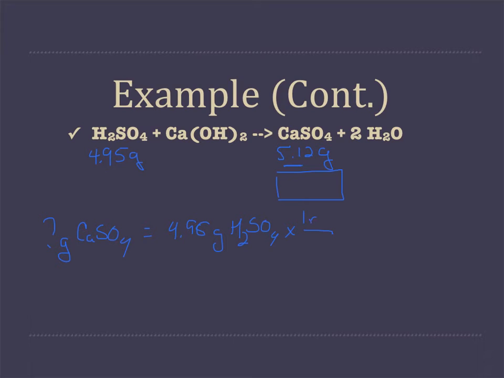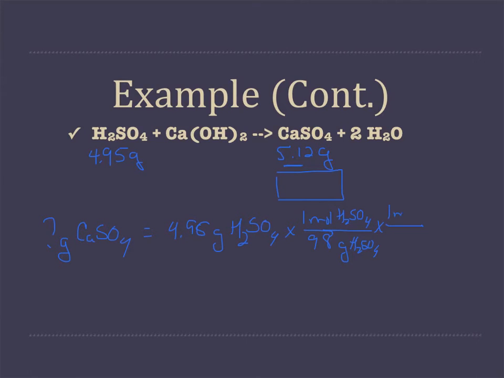Okay, so 1 mole H2SO4, 98 grams. That's all of those added up together. Now we're going to do mole ratios between sulfuric acid and CaSO4. It looks like it's 1 to 1.